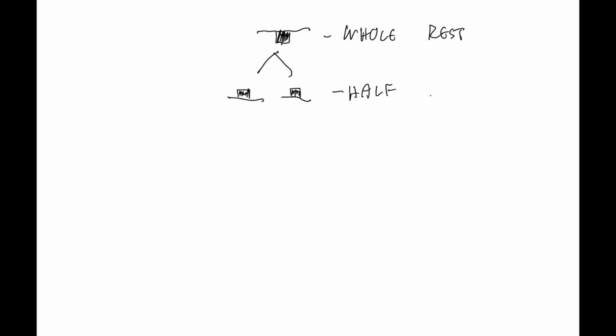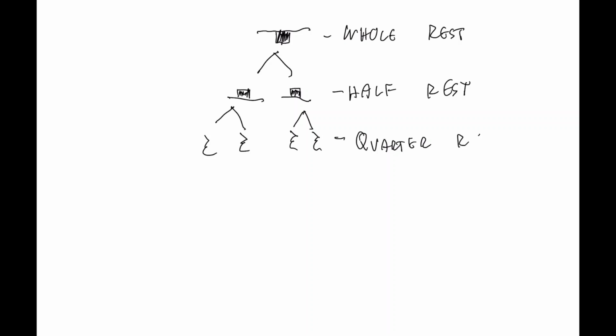Let's review by filling out a rest tree. We've got our whole rest at the top. Which can split into 2 half rests, which look like hats. Each half rest can split into 2 quarter rests made by making a skinny Z with a C on the bottom.